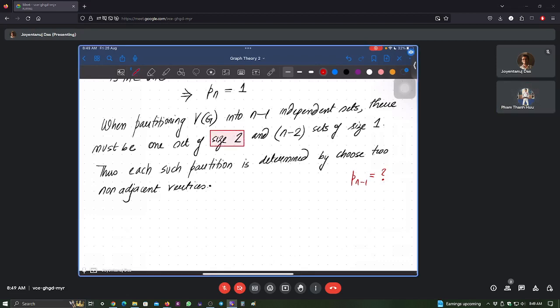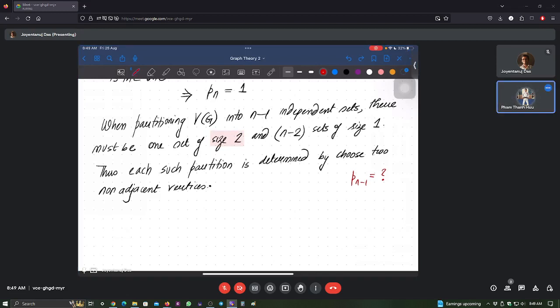The thing is, we have to choose a set of size 2, but it has to be independent also, right? So the question is, how many ways can we choose such a set?